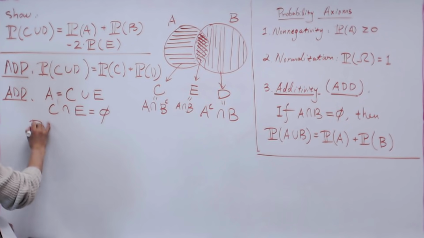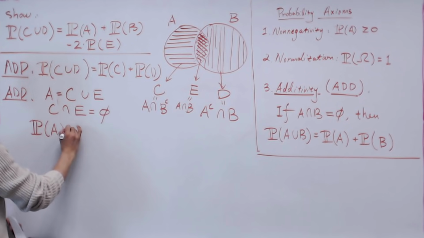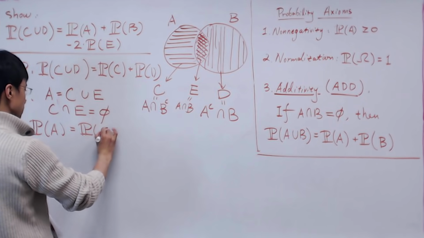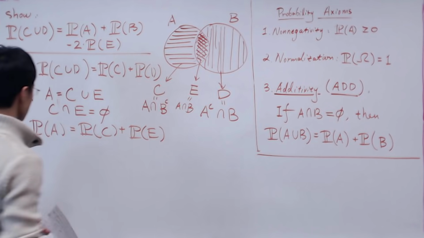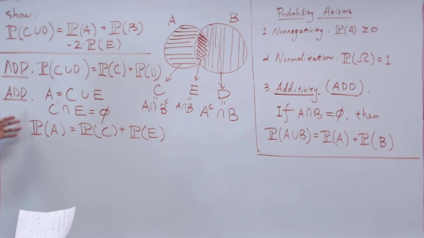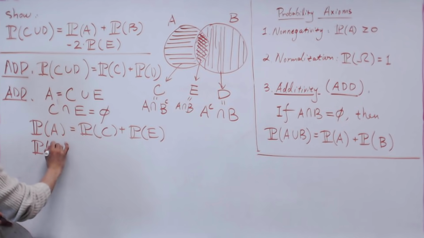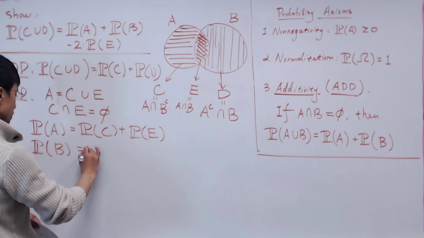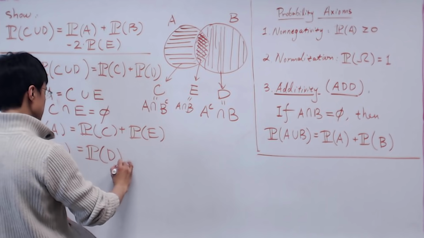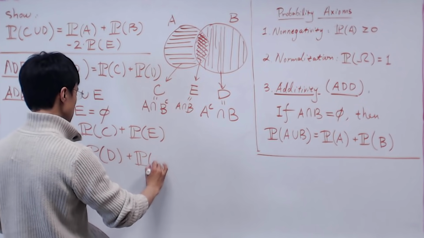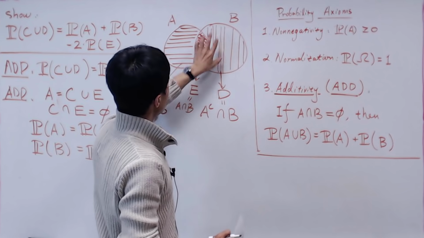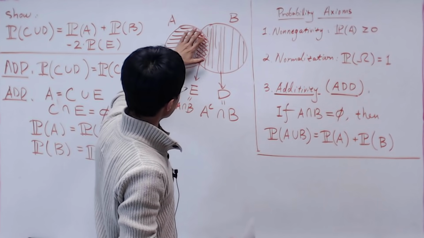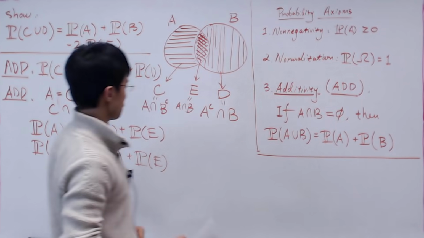And therefore, we have probability of A is equal to probability of C plus probability of E. Now, in a similar way, the probability of event B can also be written as probability of D plus probability of E, because event B is a union of D and E, and D and E are disjoint from each other.